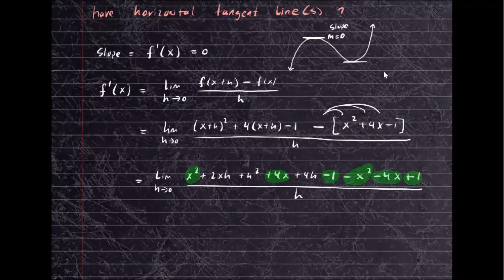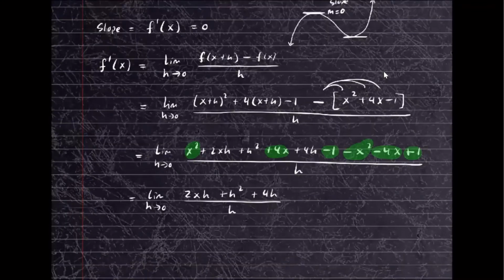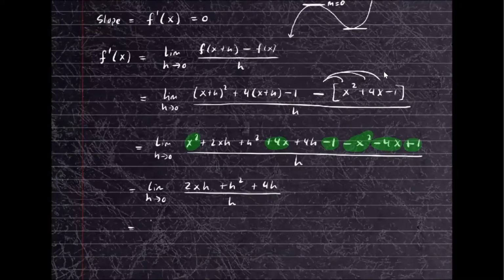Once they cancel out, we're looking at the limit as h approaches 0 of 2xh plus h squared plus 4h, all over h. Since everything has h in common on top, we can factor out an h. That will give us h times 2x plus h plus 4, all over h.